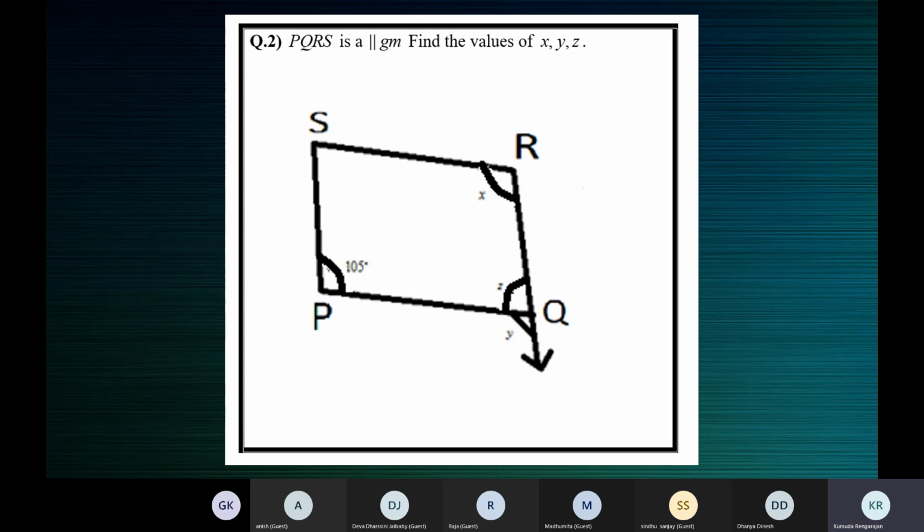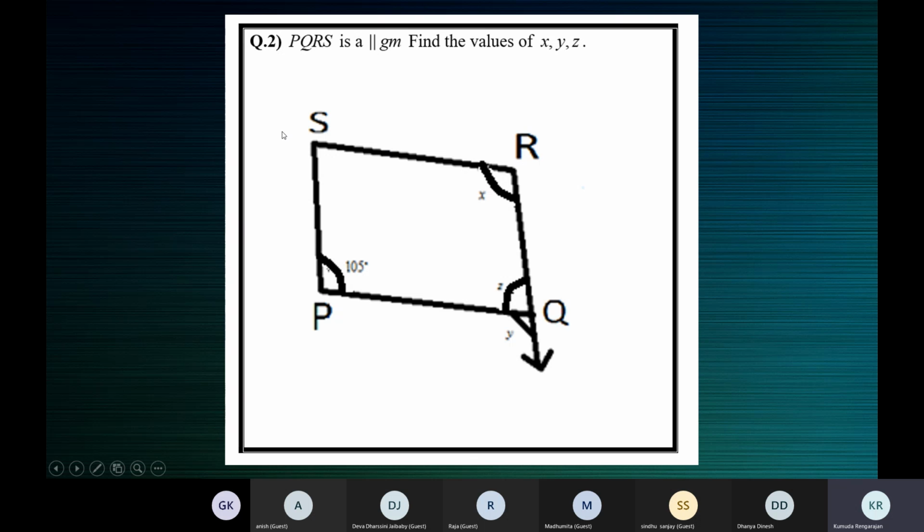PS is parallel to RQ because they are the opposite sides of the parallelogram. And as we know, a transversal is a line that intersects two or more lines, in this case, parallel lines. So when SP is parallel to RQ, SR can be regarded as a transversal.